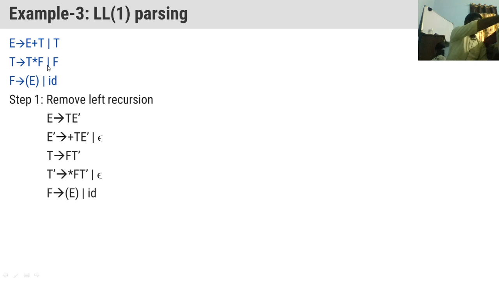The left recursion formula is there: A implies A alpha or beta. We apply that formula and we eliminate the left recursion. So after eliminating the left recursion, we got the productions like this.